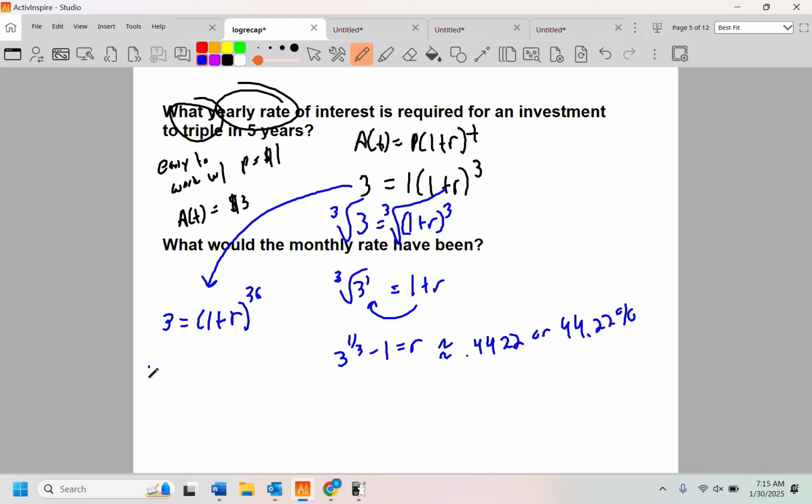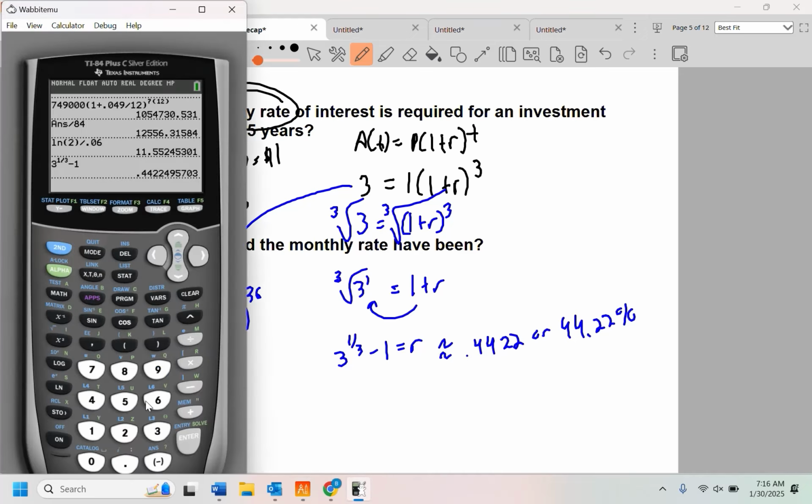And then what we would do is we would take the 1/36th power of both sides, and we'd still subtract 1. That's one way of doing it. So it's 3 to the 1/36th, and then take away 1.